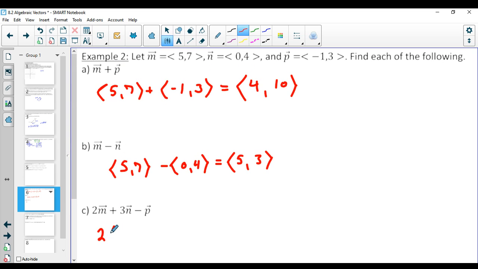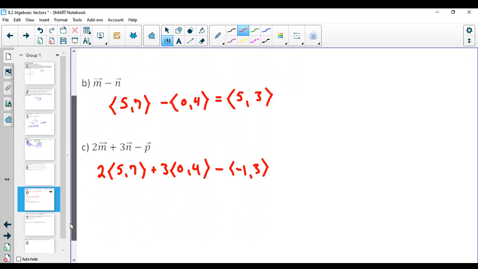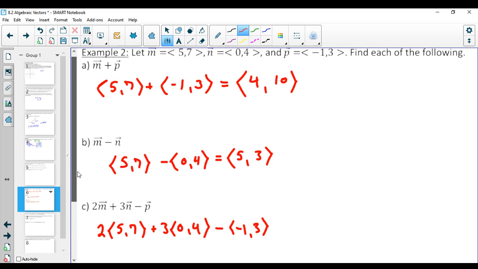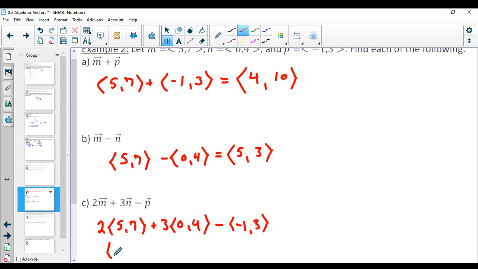Now 2m, so that's 2 times (5, 7), plus 3n, which is 3 times (0, 4), then minus p, and p is (-1, 3). When we do this, the first vector becomes 2 times 5 is 10, 2 times 7 is 14. 3 times 0 is 0, 3 times 4 is 12.